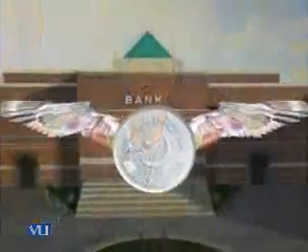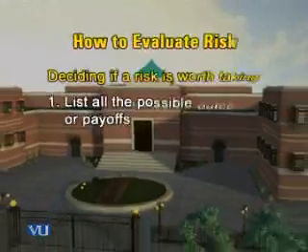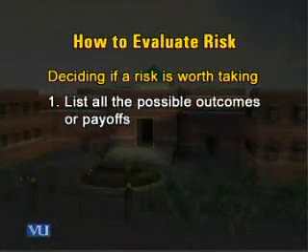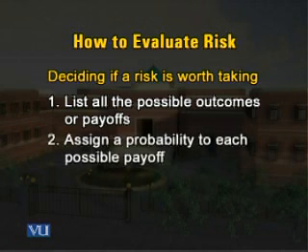So same thing we can explain step by step. How should we be evaluating a particular investment project? Step number 1, we have to list down all the possible outcomes. And then we need to look at the probabilities attached with all of these possible outcomes.